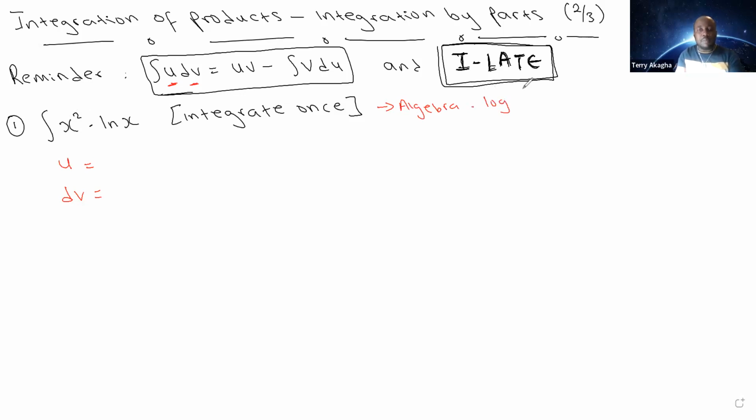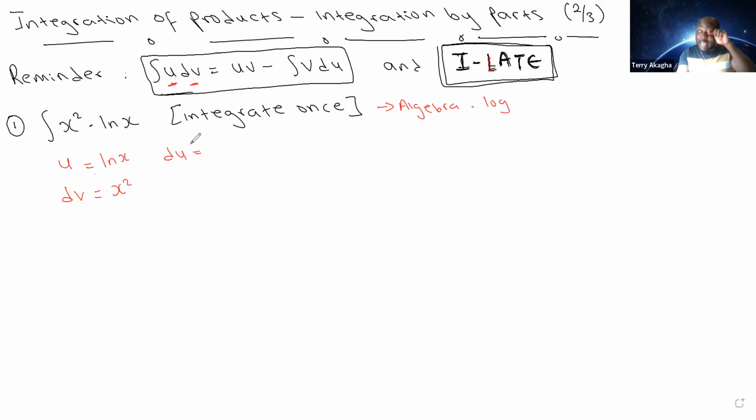If you look at ILATE, the log comes before the algebra. That means ln x is going to be our u, then our dv is going to be x squared.